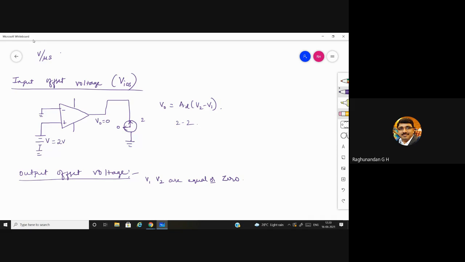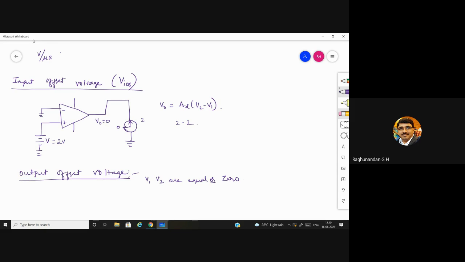We'll discuss what that bias current is in the next part. I'll repeat it again. The presence of a small amount of voltage at the output due to the input offset voltage, even when V1 and V2 are equal or 0, is known as output offset voltage.